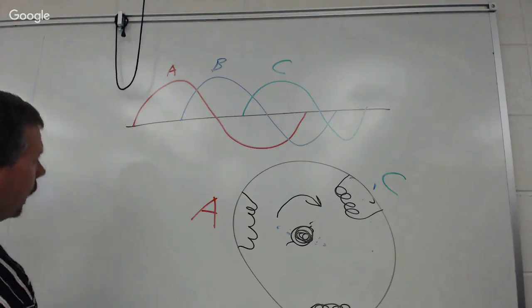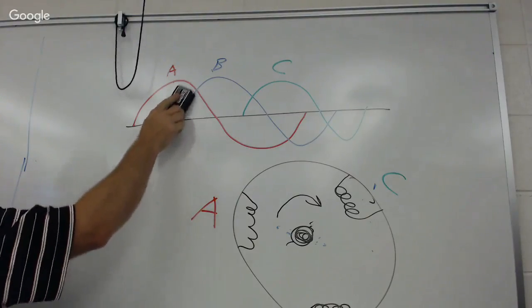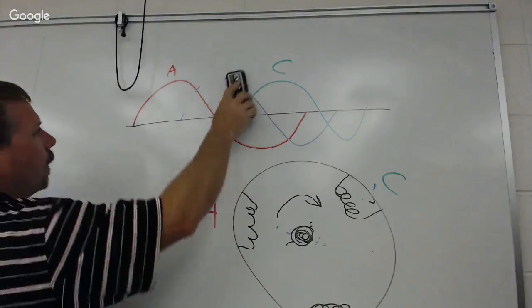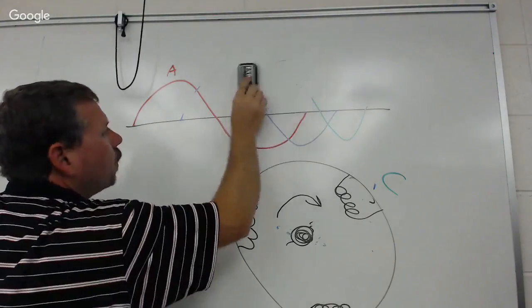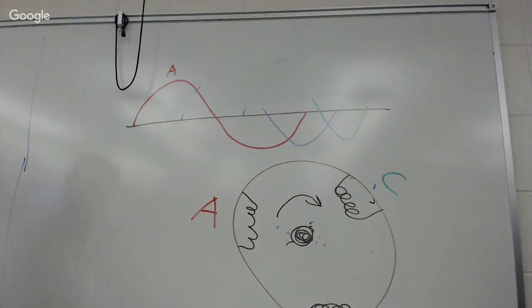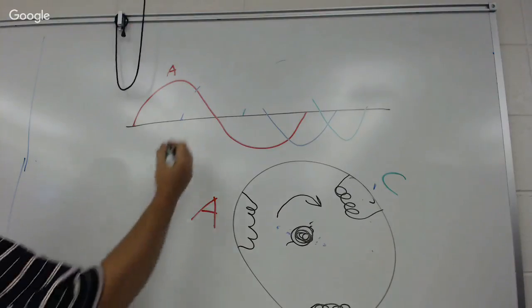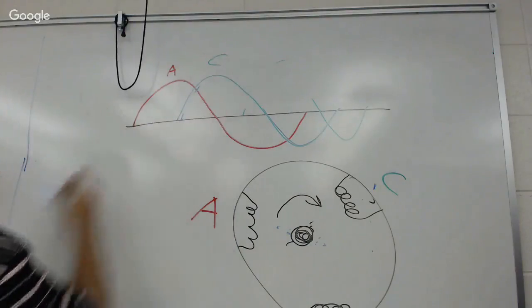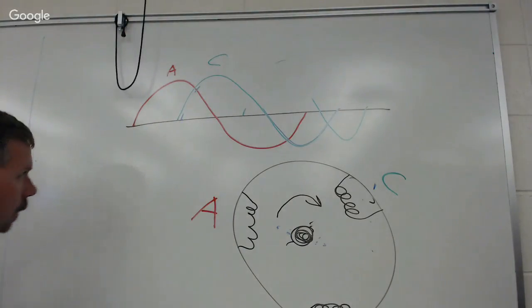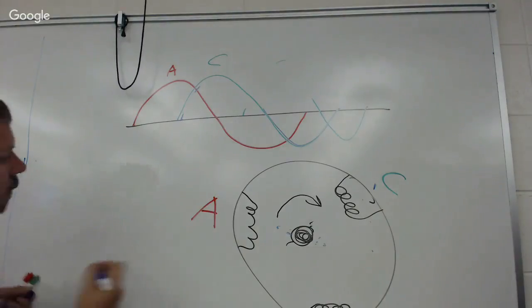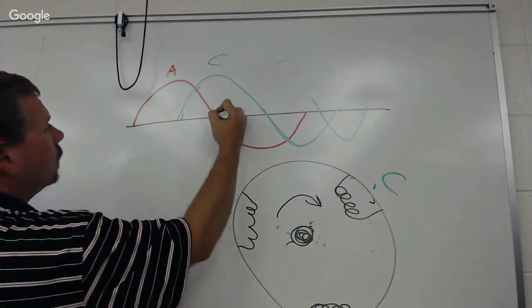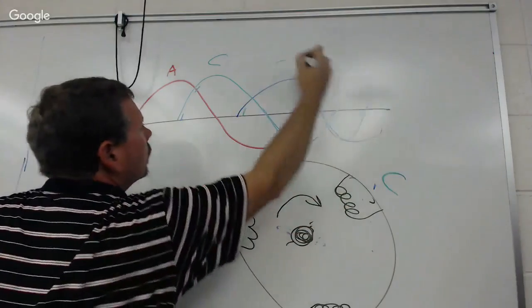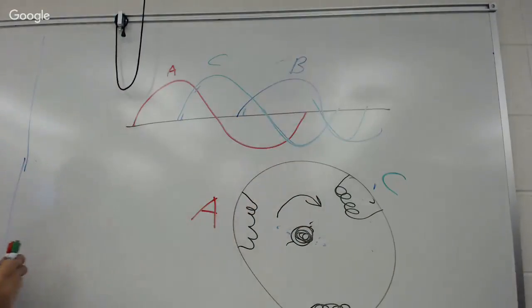So you can think of it like this, because this would actually be the phase coming through the motor. And now that we have swapped it, we now have C leading A. So I think I moved the wrong one.